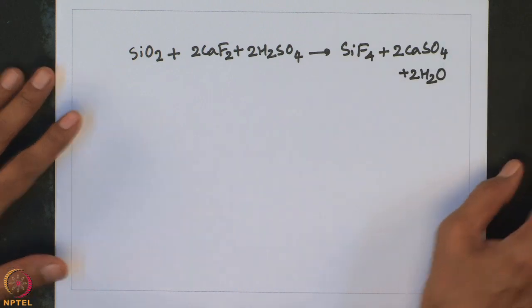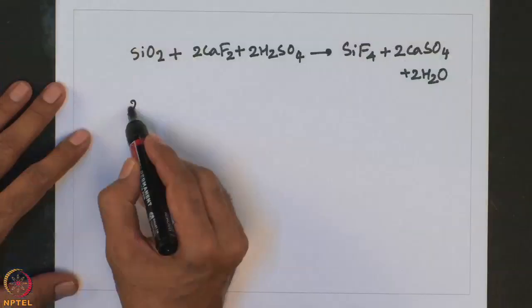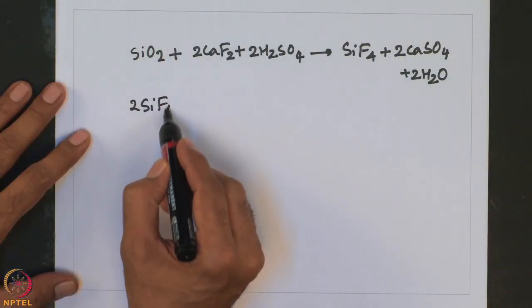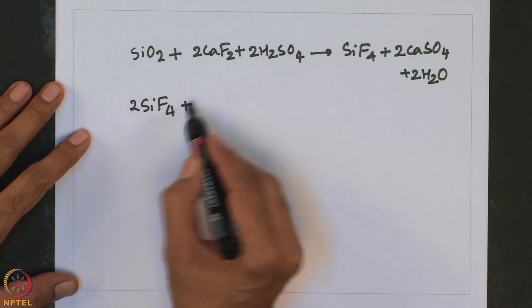Of course, both silicon tetrafluoride and silicon tetrachloride are molecular, having tetrahedral structures. They react readily with water, but SiF4 is only partially hydrolyzed. For example, we take SiF4 and react with water.